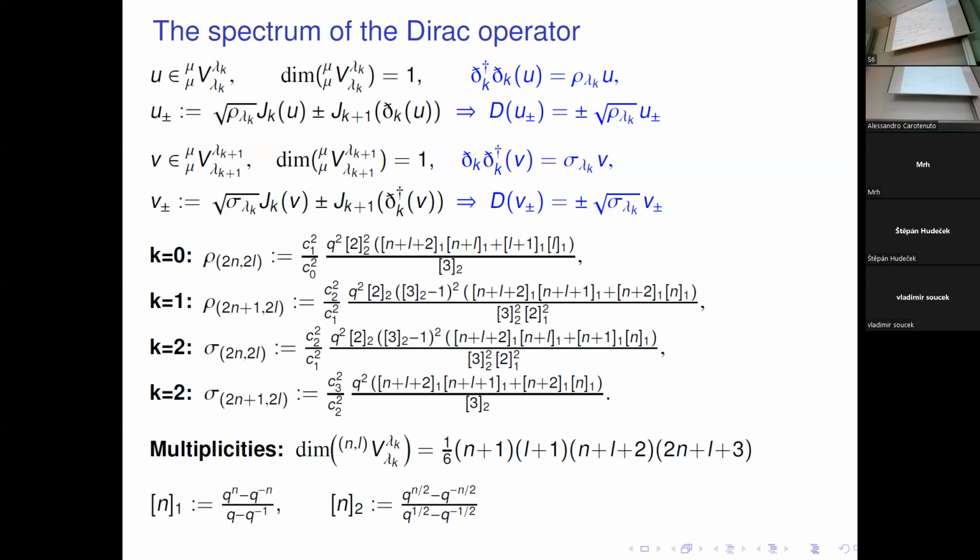eigenvalues. Now these square brackets are the so-called q-numbers. If you take the limit q to 1, you will get the natural number n just by the derivative. So these types of q-numbers come if you deform the Lie algebra and look at the representations.